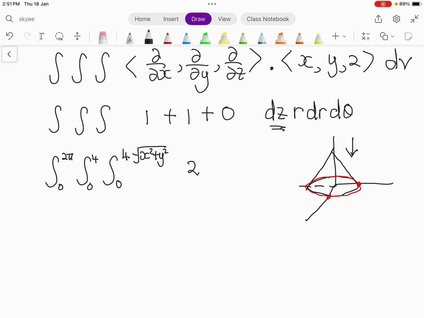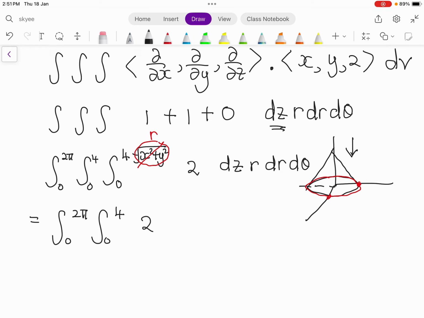So this will be 2 dz r dr d theta. This part we can convert into r: 4 minus r. So it will be 2 times 4 minus r, then you have r, dr, and d theta.